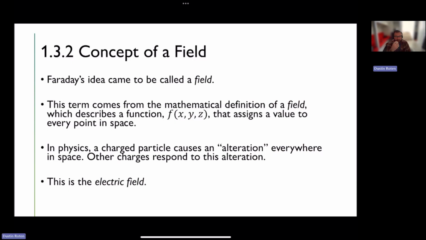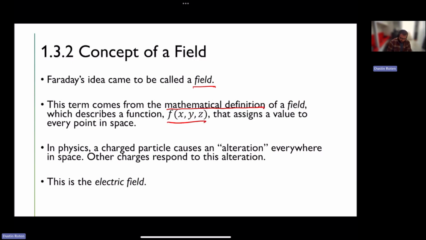So this whole idea, Faraday's idea, came to be known as a field. And a field actually has a mathematical underpinning. The term comes from the mathematical definition of a field. Basically, a field in mathematics is simply a function that assigns a value to every point in space.